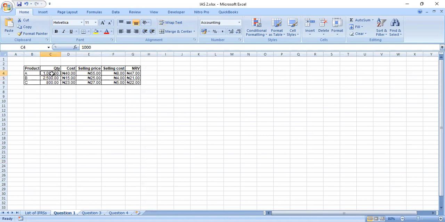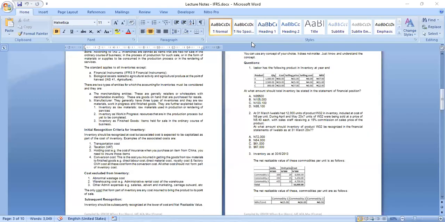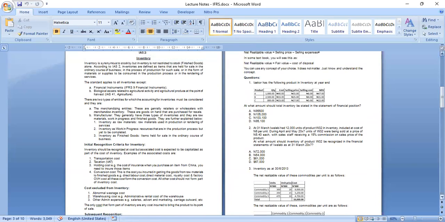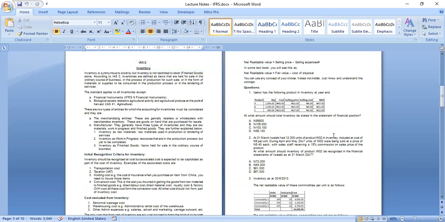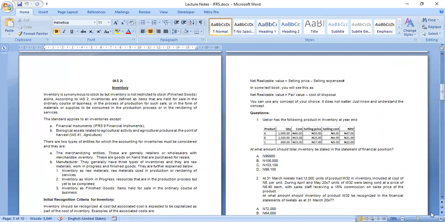I will share my screen right now to display the question so that we can look at it together. All right, I'm displaying my screen right now, and let me zoom this out so it can be bigger.